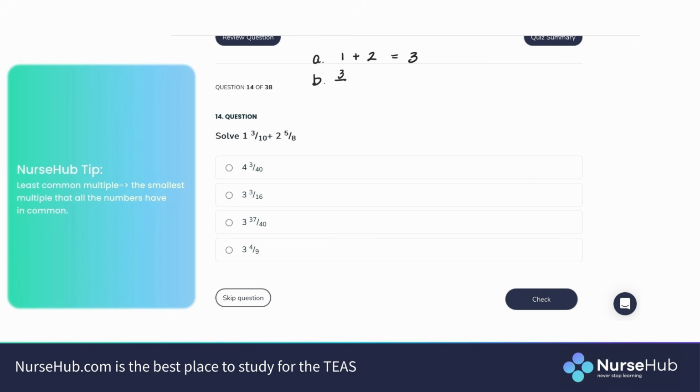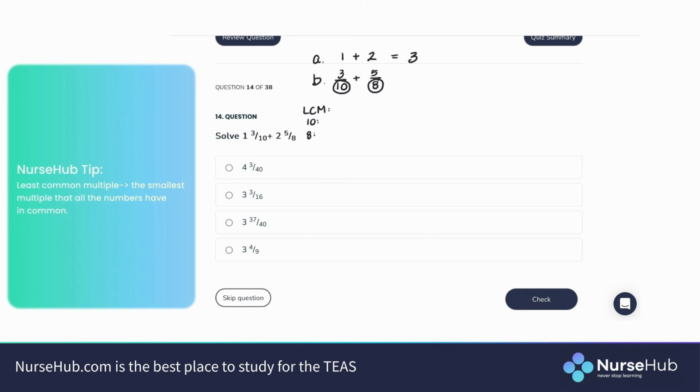So now I just have 3/10 plus 5/8. Now remember, when we have fractions, they have to have the same denominator in order for us to add them. So I need to find the least common multiple of 10 and 8. So that means if I count by 10 and 8, where do they meet?